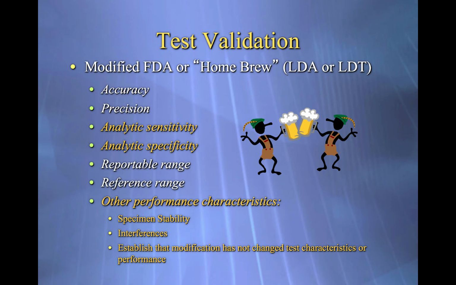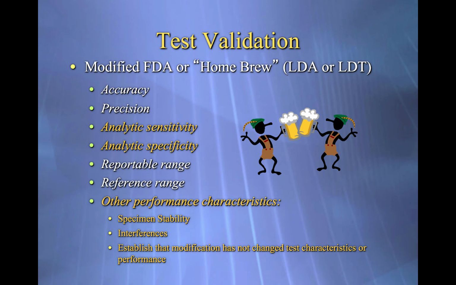So are drugs going to interfere with this? Are high levels of bilirubin going to interfere with this? You need to look at those. And if it's a modified FDA test, establish that the modification does not change the test characteristics or the performance of that test.